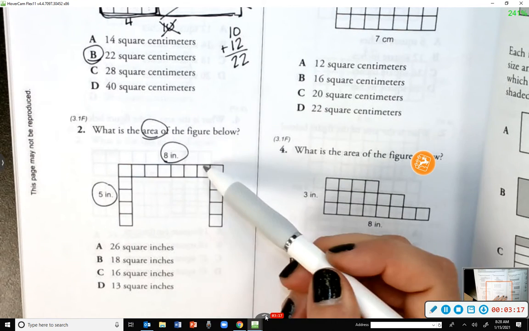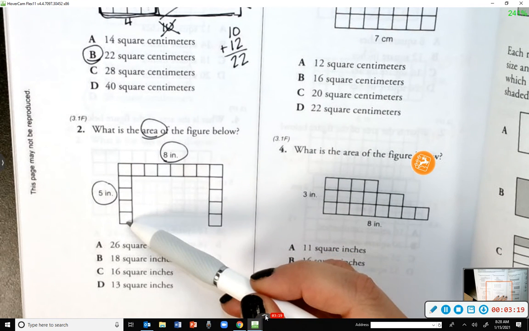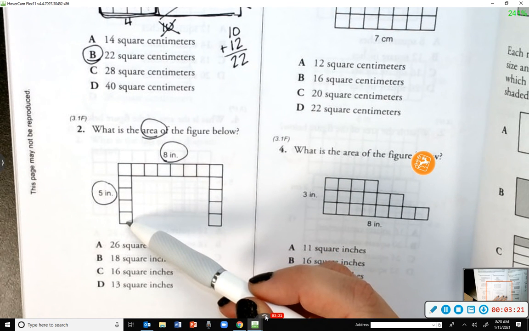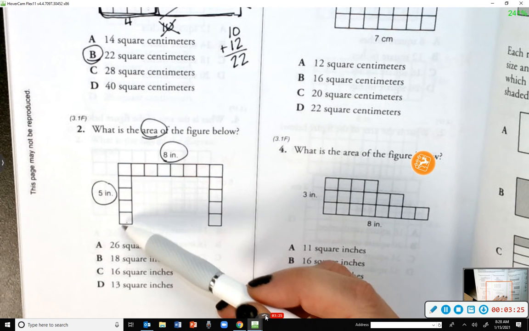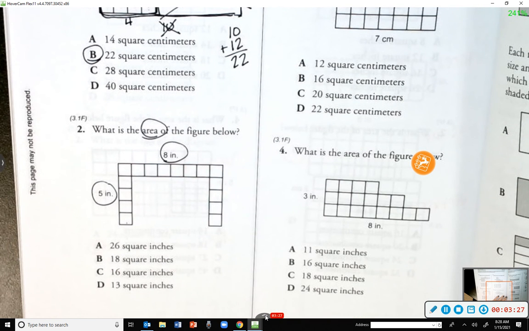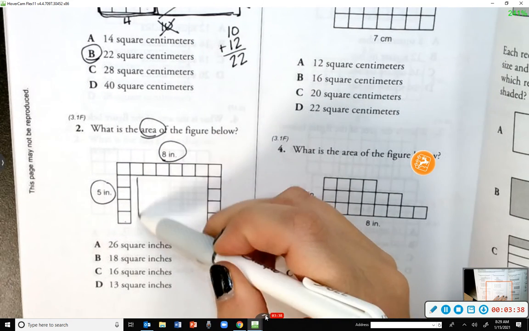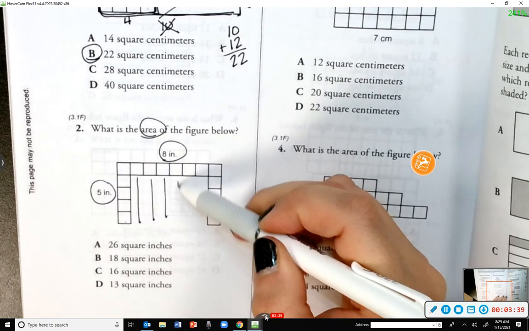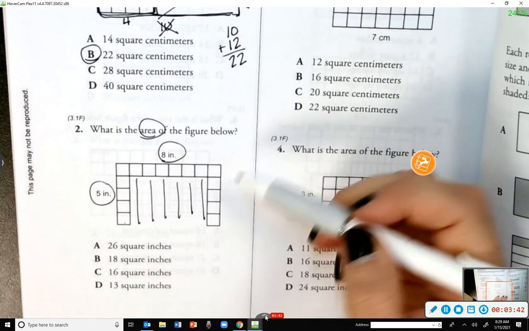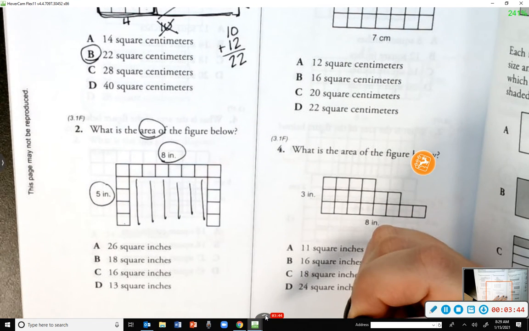It has 8 going across and 5 going down. Nobody knows? We cannot do 8 times 5, guys, because we're missing all these squares on the inside. It would equal 40, but there's not 40 squares here.